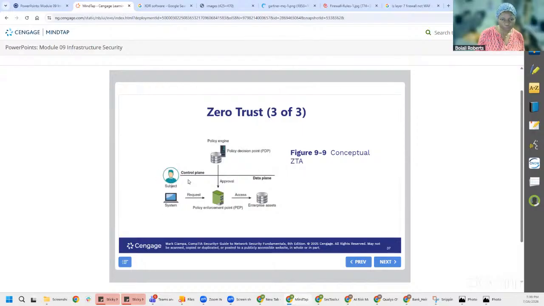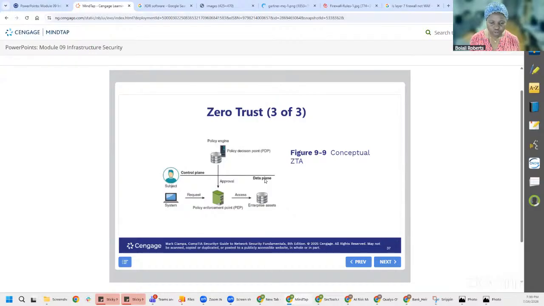There is the control plane, there is the data plane. The control plane is where requests are sent and received. The data plane is where the actual asset, the enterprise asset, is.